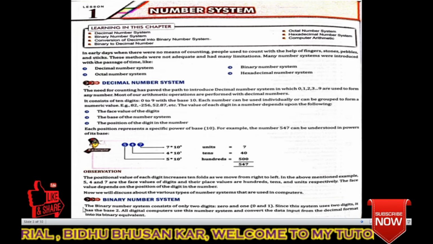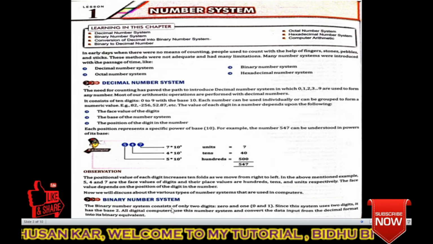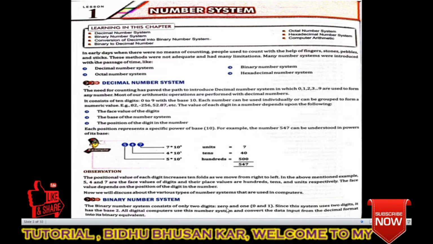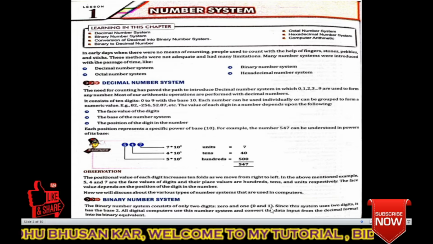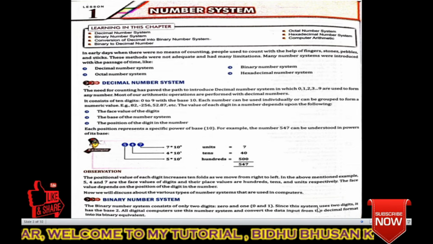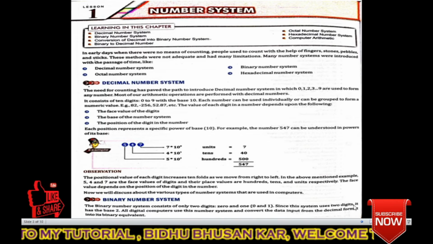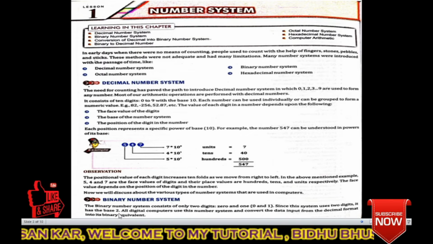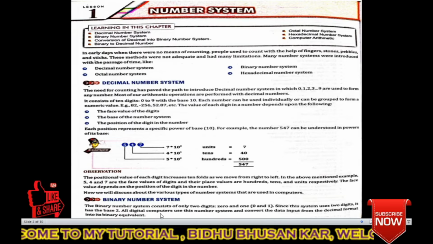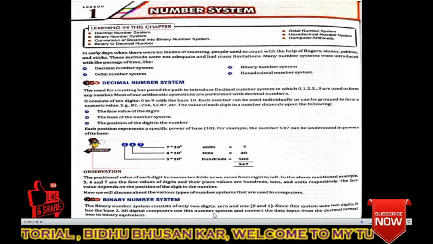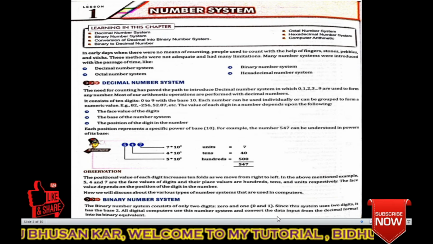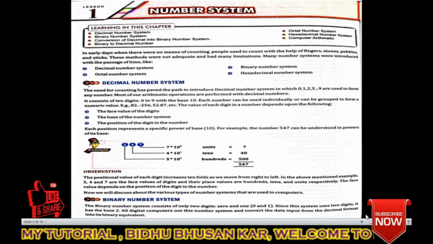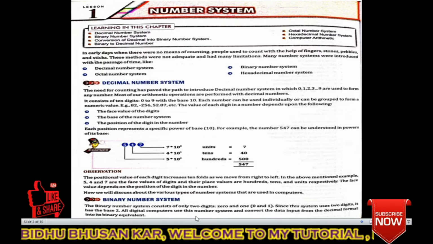Okay, we'll read. The binary number system consists of only two digits, that is 0 and 1. Since this system uses two digits, it has the base 2. All digital computers use this number system and convert the data input from the decimal format into its binary equivalent.